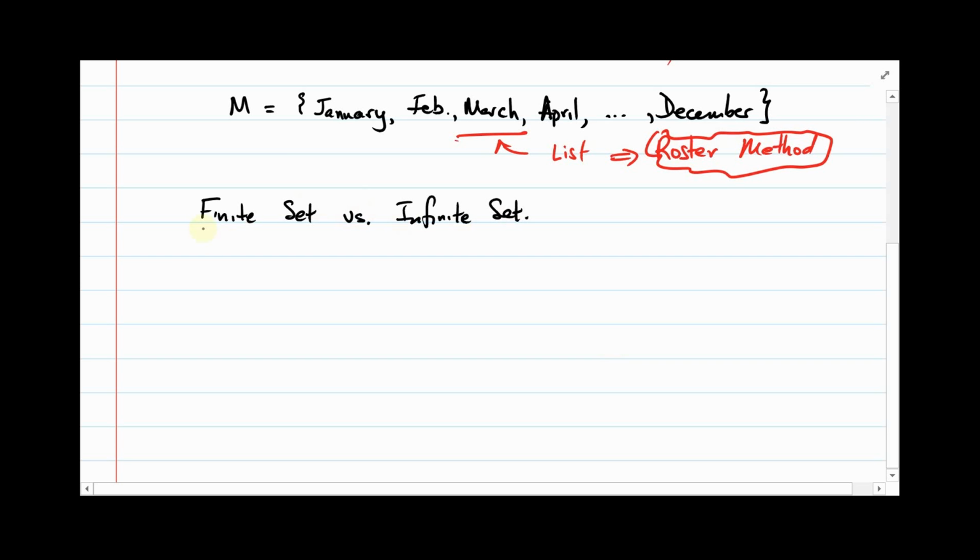Now, if we look back at what we just saw with this set of the months of the year, that of course is a finite set. In a finite set, you're able to list all elements, and there's an end to it.